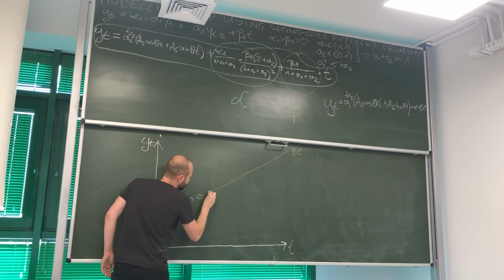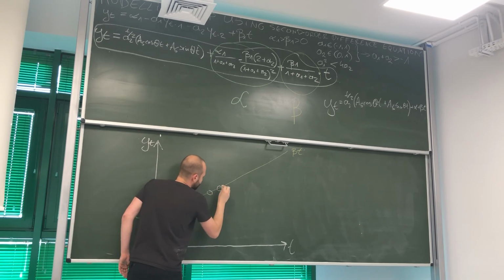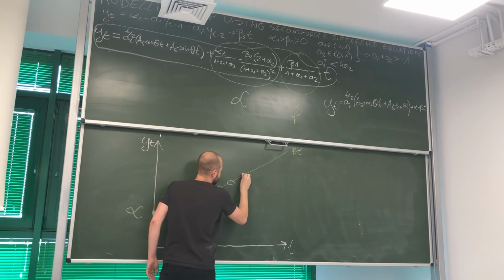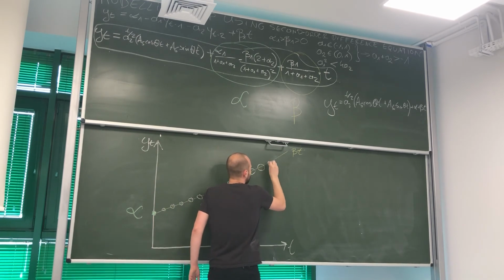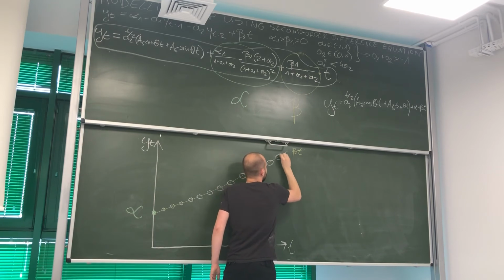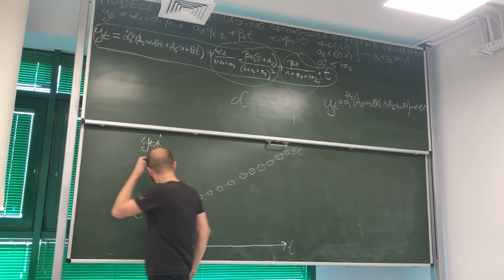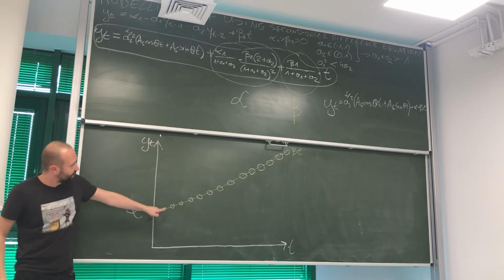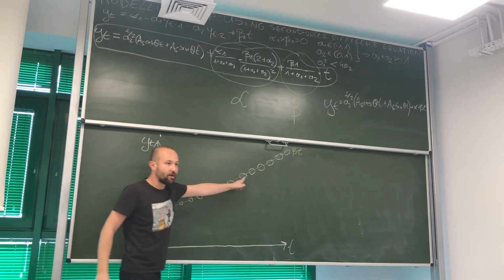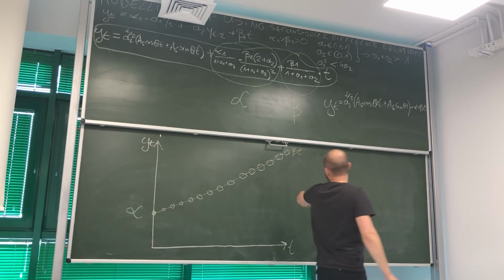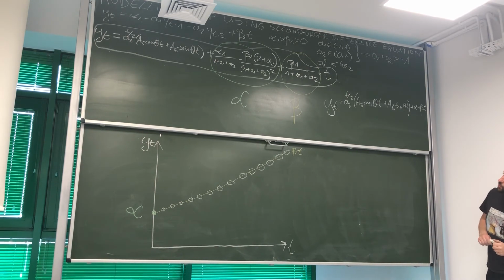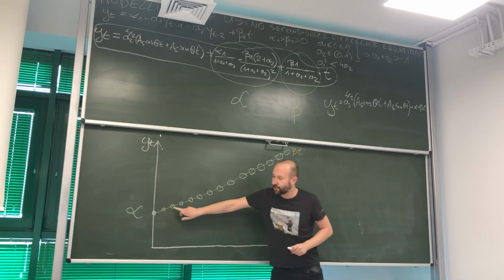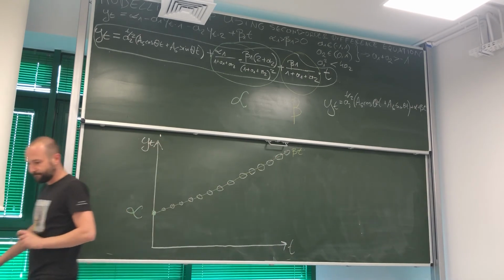The intervals should be identical, but of course it's really hard to draw. So let's assume that GDP is constantly in equilibrium. Then we would be on some point over here, some point over here, and this is what we would see.